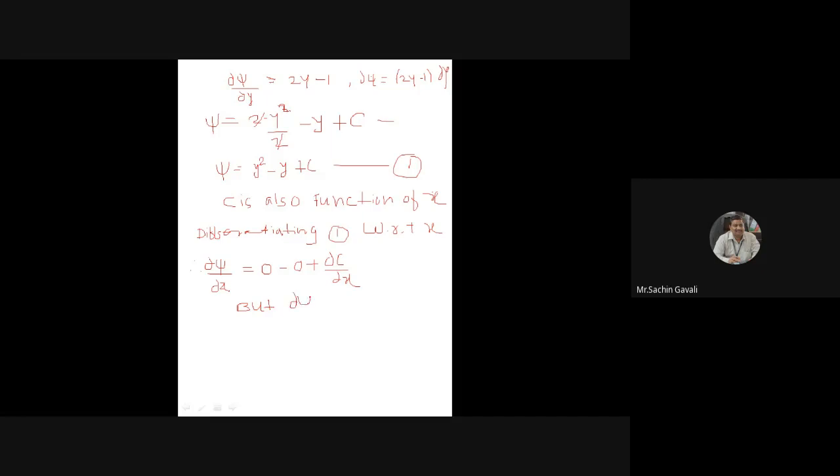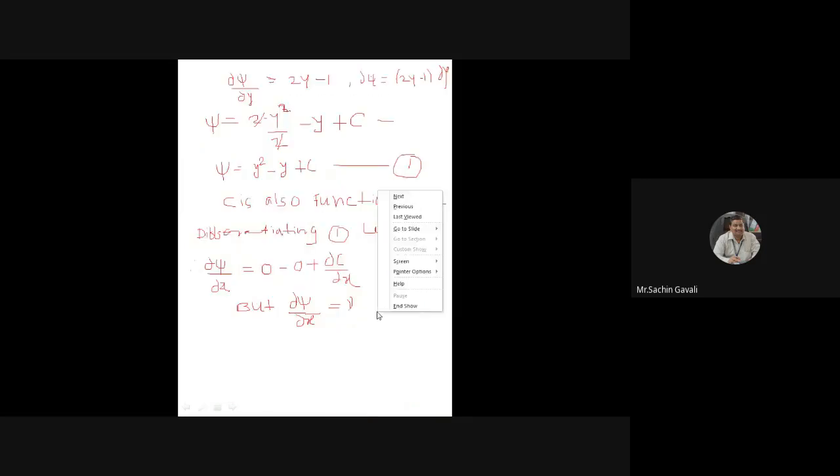By definition, dou psi by dou x is equal to what? V. As per the definition, v is equal to dou psi by dou x. And what is the value of v now? V is equal to minus 2x. So dou psi by dou x is equal to v, which is minus 2x.